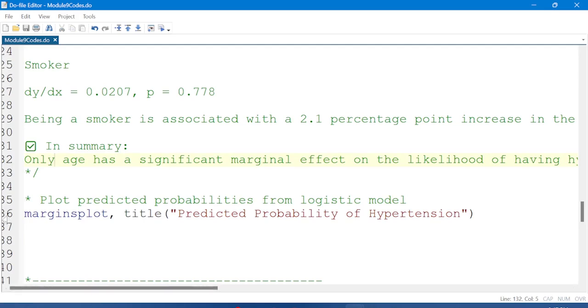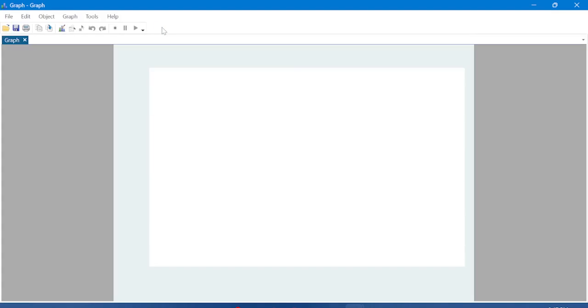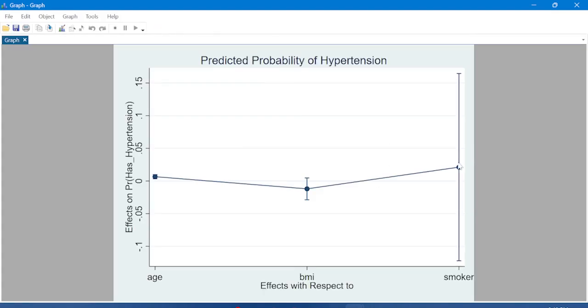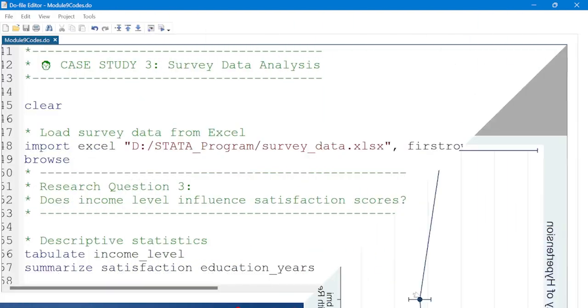And now let us see the marginal probability plot, how each of the predictors is associated in this model. Now you realize that if someone is a smoker, the likelihood of being hypertensive is very high, higher than any other, then age, and then finally BMI.